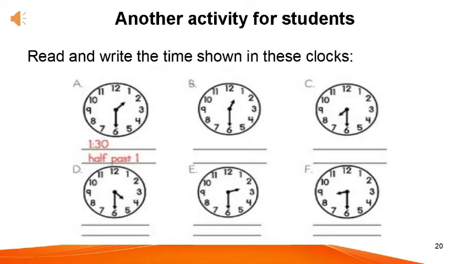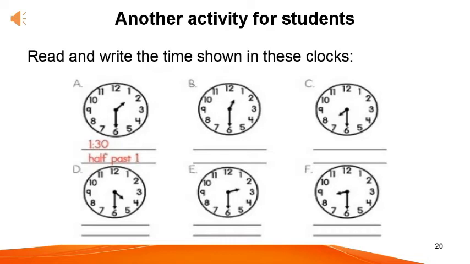Another activity for students. Read and write the time shown in these clocks. In the first clock, the minute hand is at 6 and the hour hand is between 1 and 2.